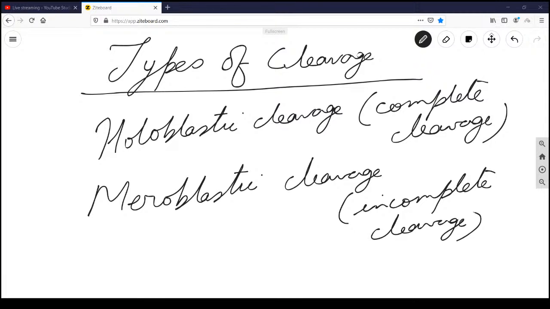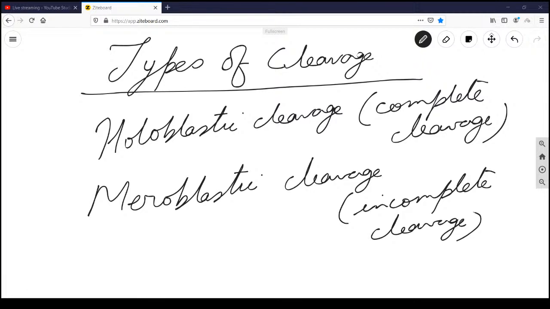Then you have mesolecithal, with moderate distribution of yolk at the vegetal pole, not the animal pole. Then under meroblastic, you have telolecithal, dense yolk throughout most of the cell, and centrolecithal, which is yolk in the center of the egg.